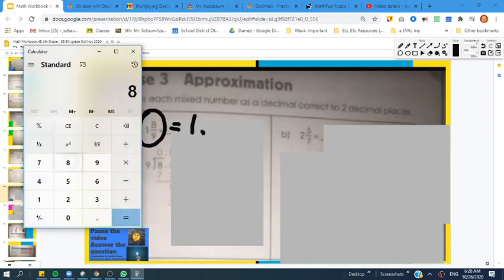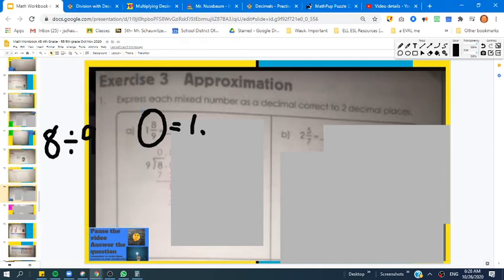We're going to take 8 divided by 9, which equals 0.88888, which is approximately equal to 0.89. I'm going to add that 0.89 into my answer blank. There you go. 1 8/9 is the same as 1 89 hundredths.